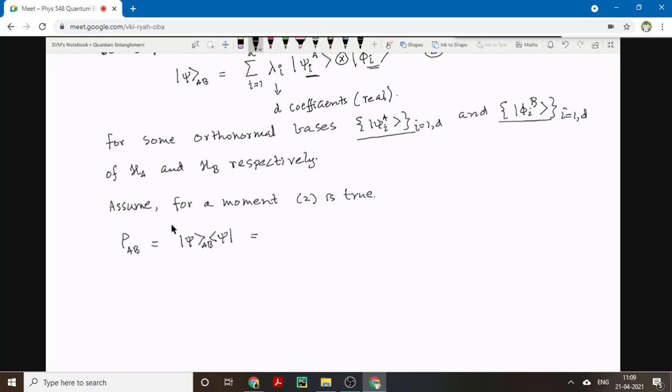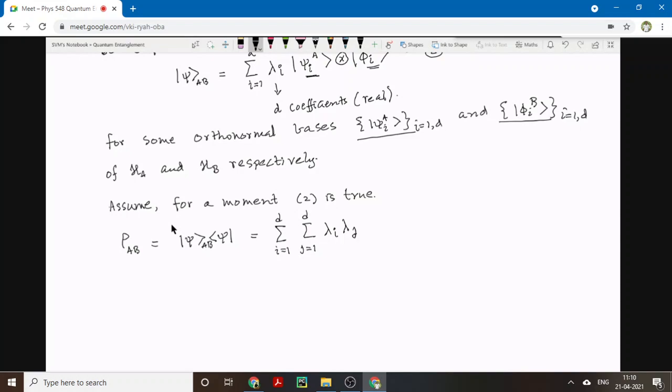sum over I equal to 1 to D and sum over J equal to 1 to D, lambda I, lambda J. We are assuming it is real. That means you are assuming equation 2 for the moment.